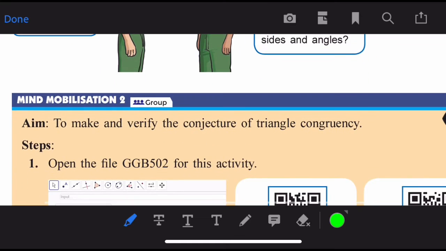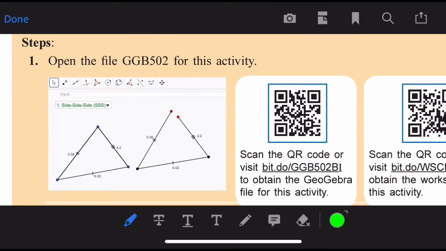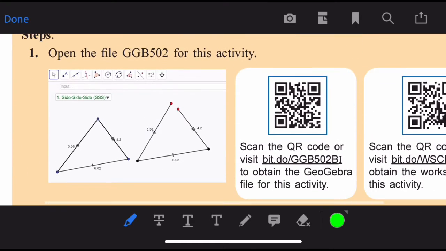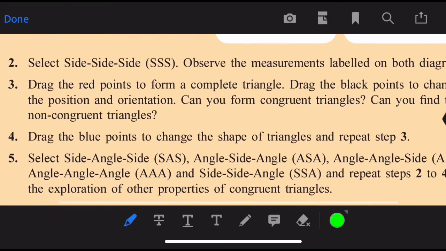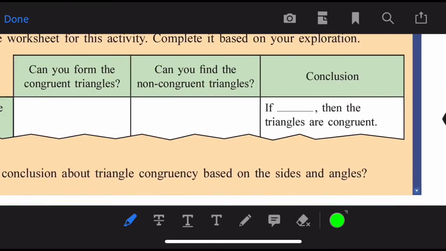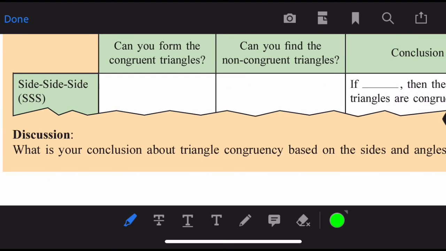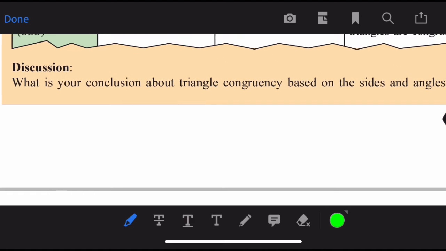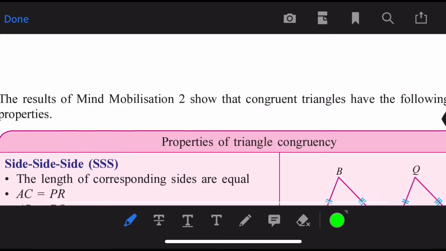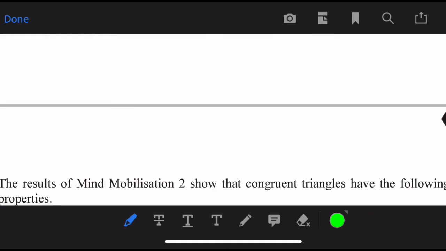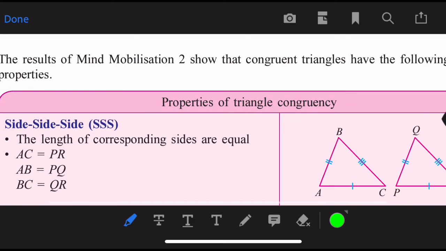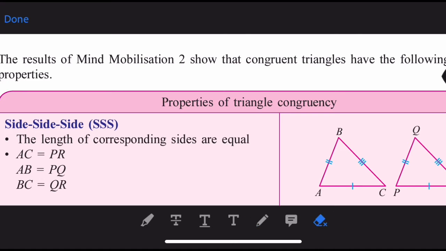For my mind mobilization, you can have a look at one of the videos that I created, try the activity and then make a conclusion based on the sides and the angles.